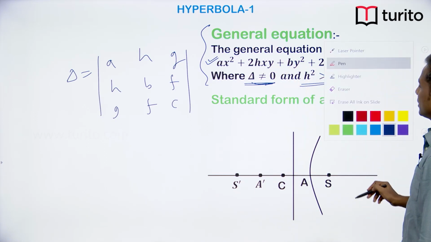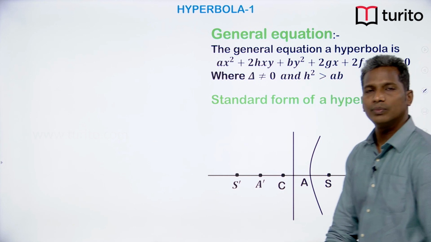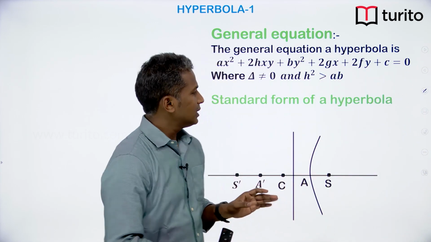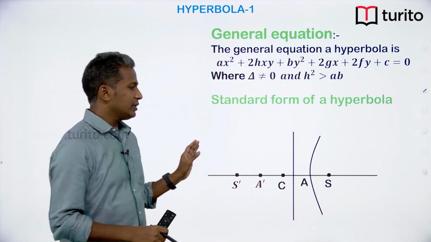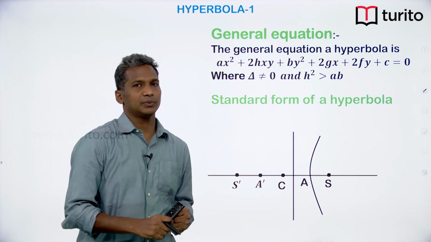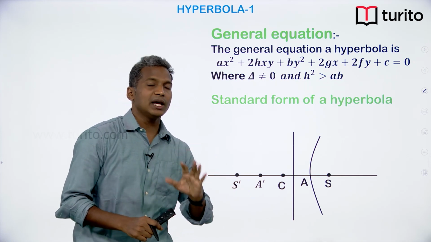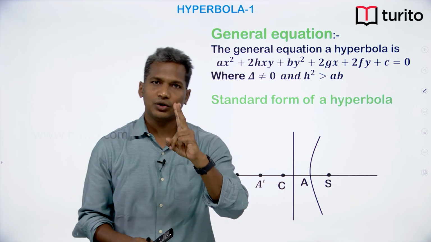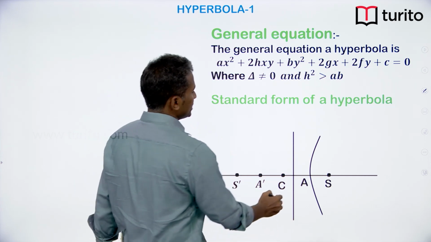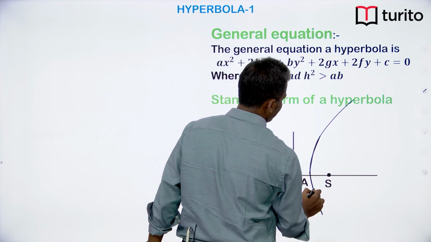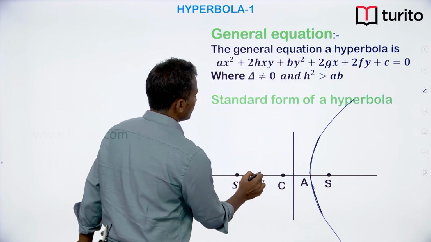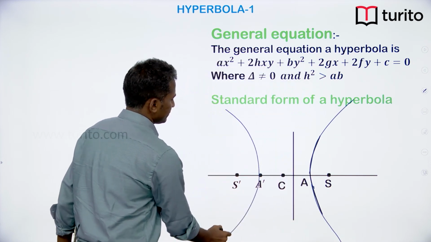Now when it comes to the standard form, before we go for it, it is better that we understand the shape of the hyperbola. In hyperbola there are always two branches. This is one branch, and there is also another branch like this.